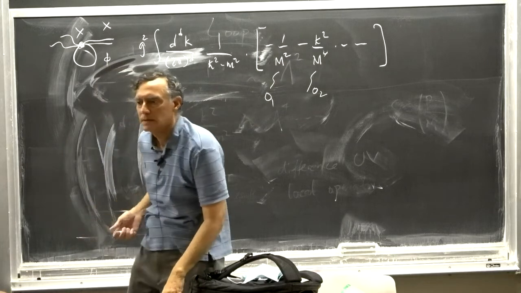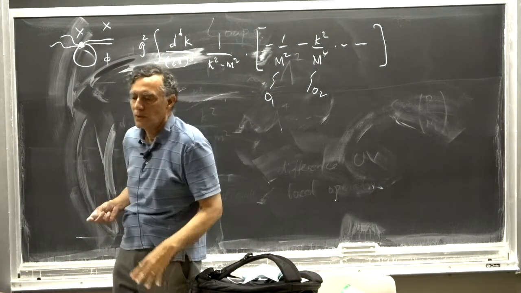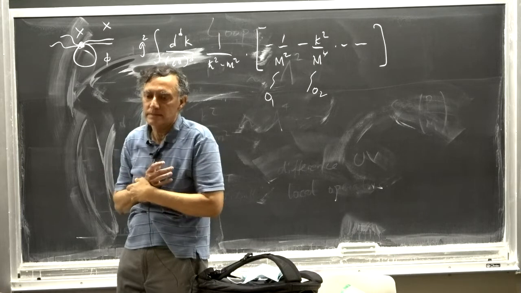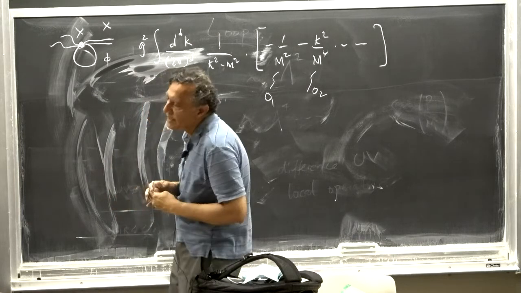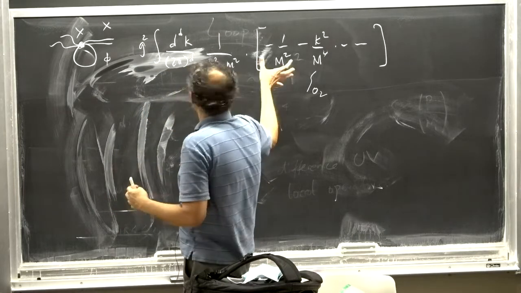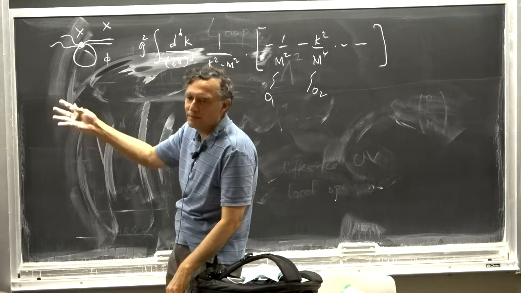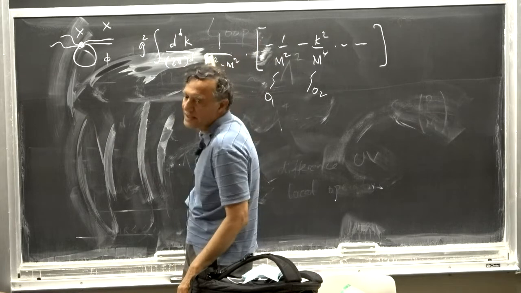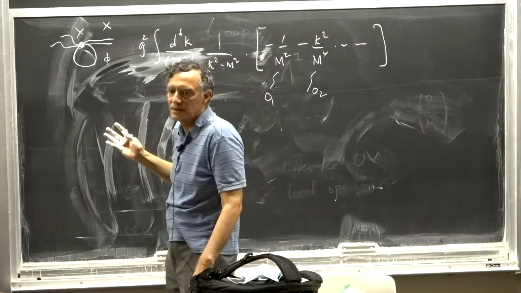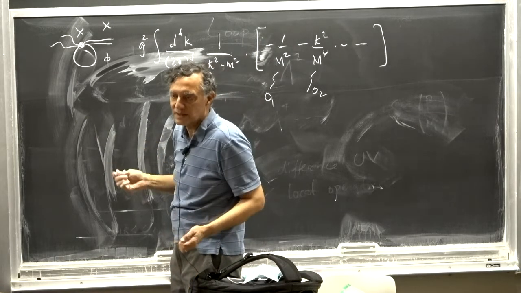Yeah. How do you know when you can terminate your expansion? Well, we are working to some order in capital M. So typically, you would be working up to dimension 6 or something, and you would just keep the first term. Here, the reason for the toy example is it's sufficiently simple that we can do all of these pieces at once. And in the weak interactions, you cannot. In most theories, it's just too hard.